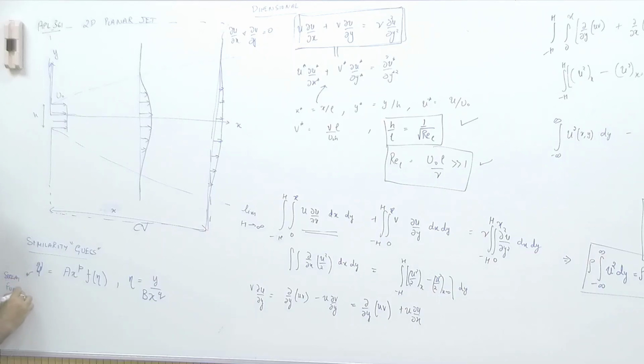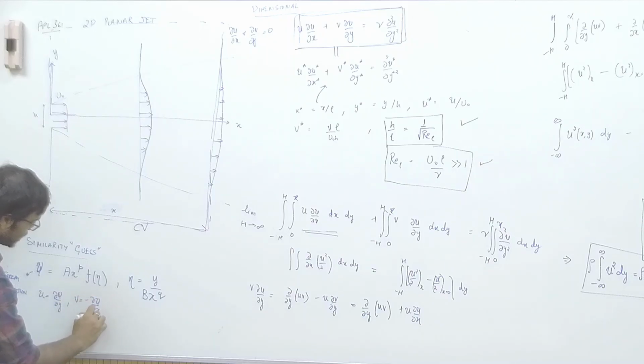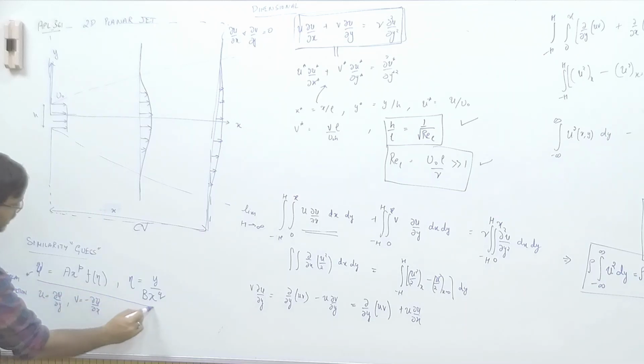And the idea here is that if I work with the stream function, then my continuity is automatically satisfied. By the definition of the stream function, we will have u as del psi over del y and v as minus del psi over del x. So I won't have to worry about the continuity equation if I work with the stream function from the beginning. So this is what I use as a similarity guess.